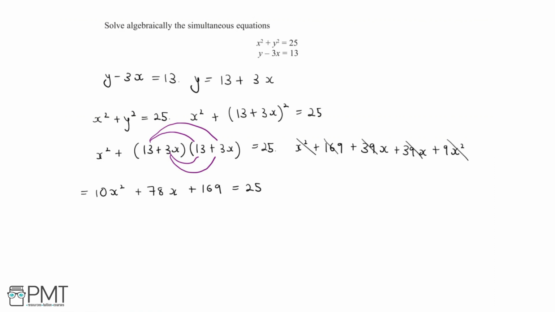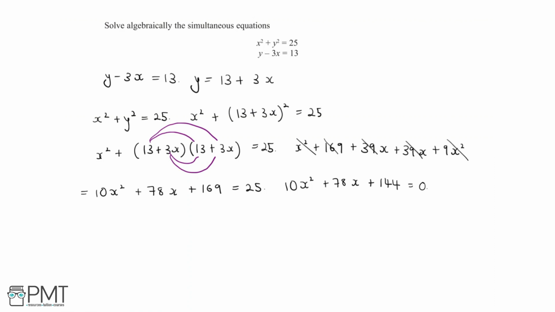So now that we have this equation, we can bring 25 over to the other side in order to have a quadratic equal to 0 that we can factorize and solve. So we can say that 10x squared plus 78x plus 169 minus 25, which is equal to 144, equals 0.